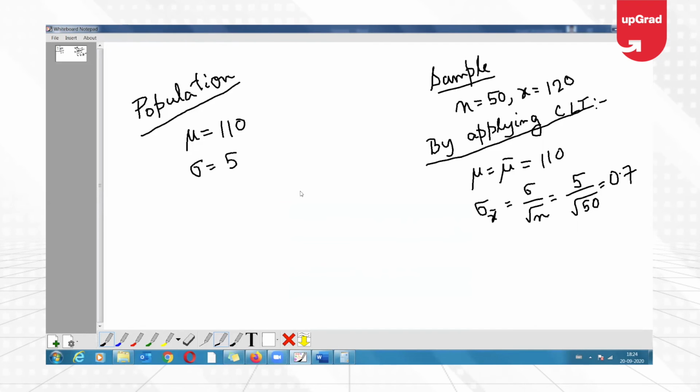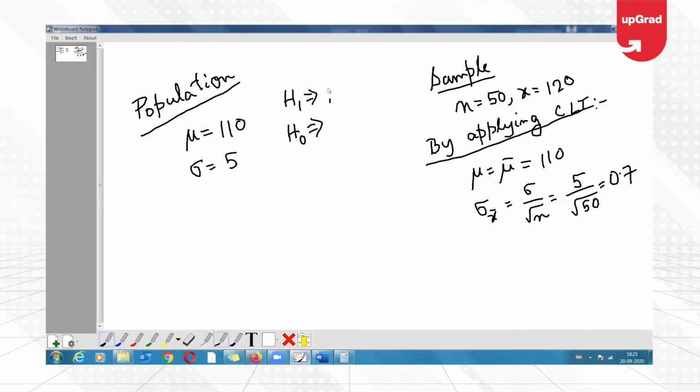Okay. Now what is it that we want to find out? Even before finding the probability, let's write down the important step, the alternate hypothesis and the null hypothesis.